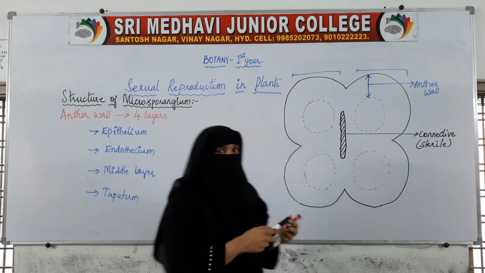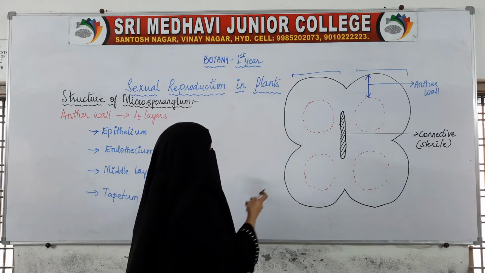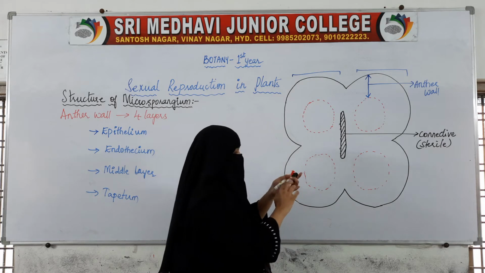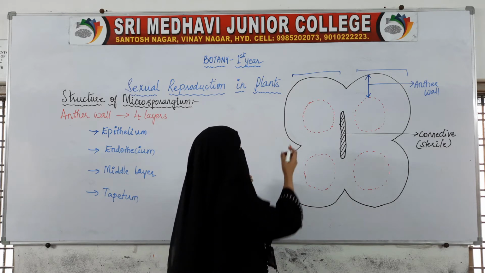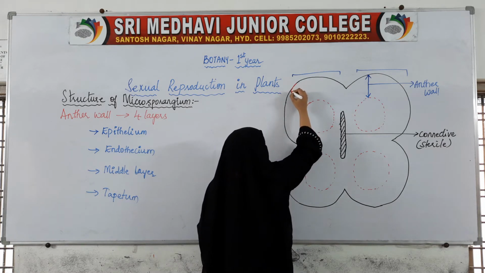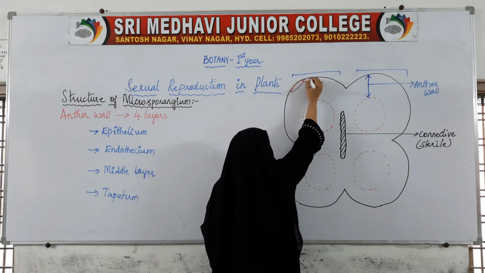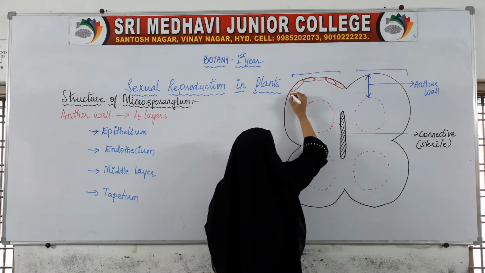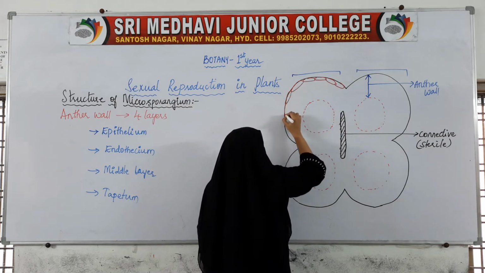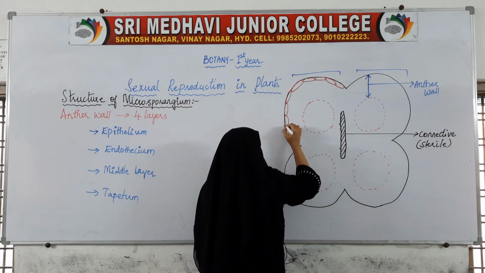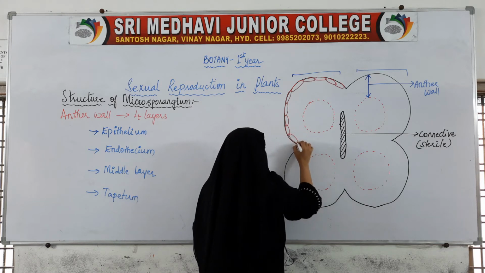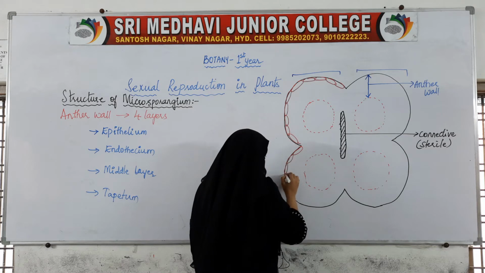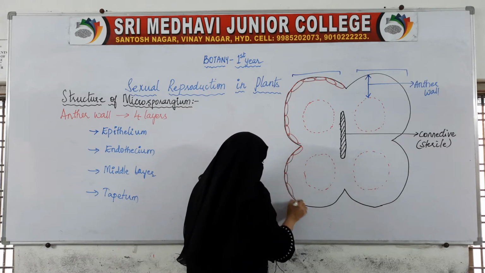Now, coming to the first layer, which is called the epithelium, it consists of a single layer of flat cells. So only one layer of flat cells like this.